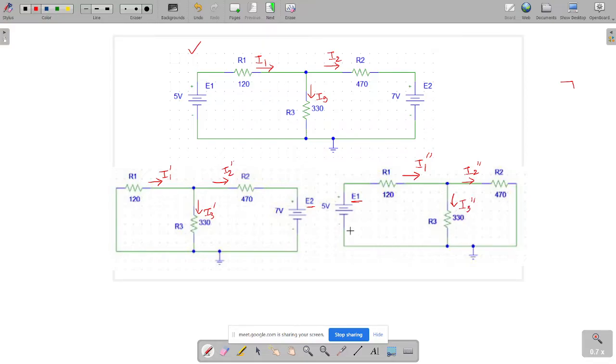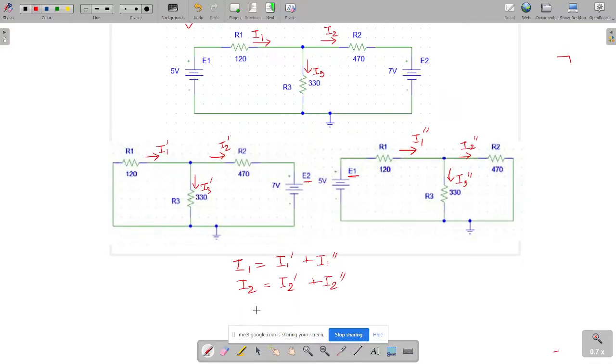Now at the last step we have to verify whether I1 is equal to I1 prime plus I1 double prime, I2 is similarly equal to I2 prime plus I2 double prime, and I3 is equal to I3 prime plus I3 double prime. So we have to verify these three equations.